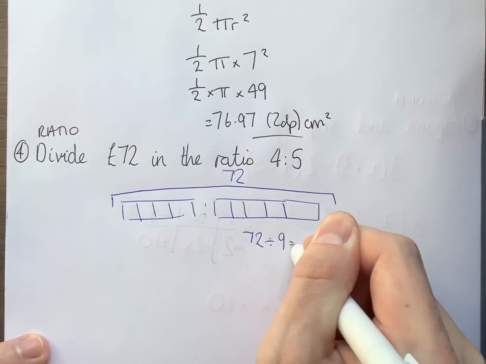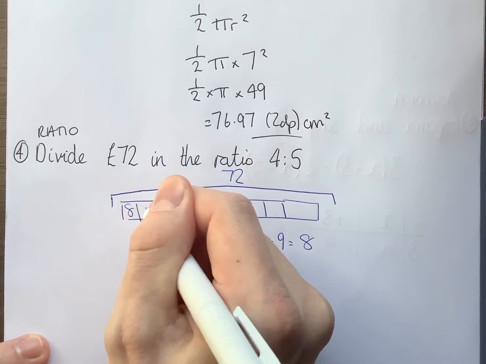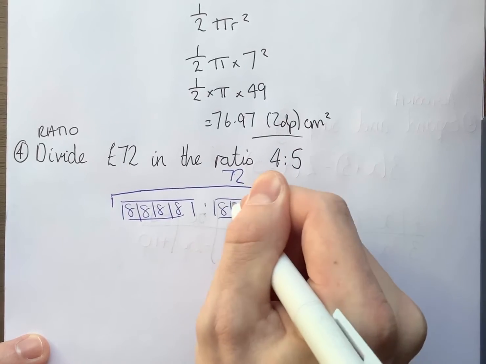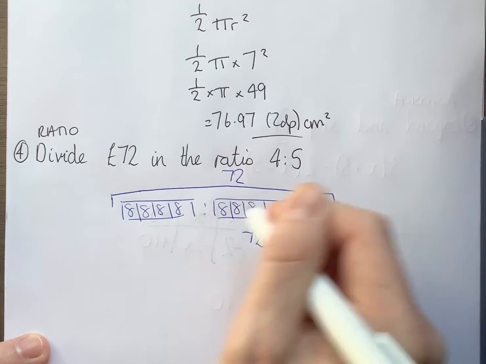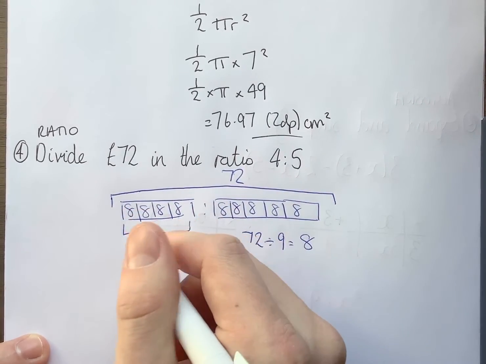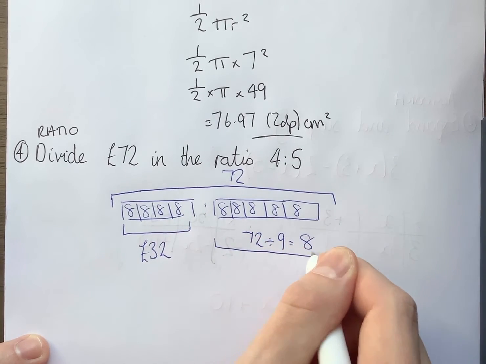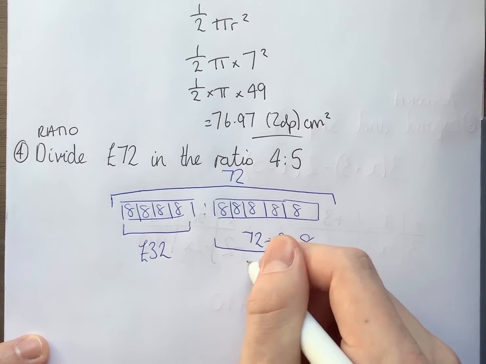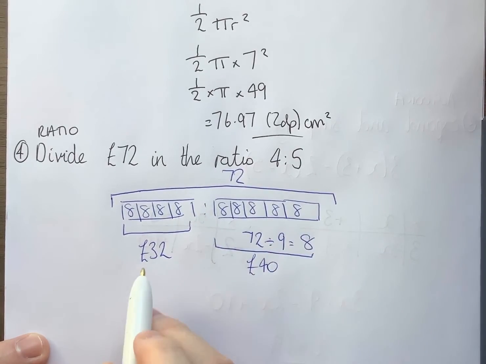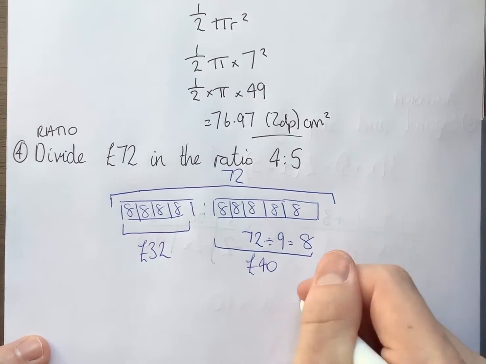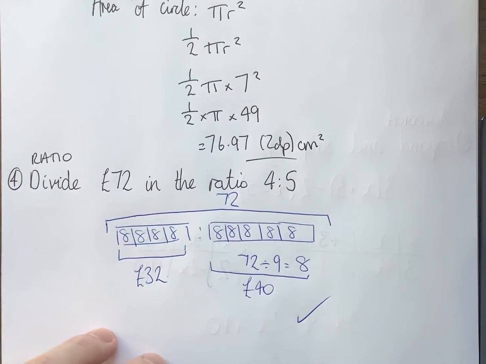So I'm doing 72 divided by 9, which is 8. So each part is worth £8. So altogether here, I've got 32, and altogether here, if we ignore that bit, I've got 40, and if I check, 32 add 40 gets me 72. So yeah, full marks there.